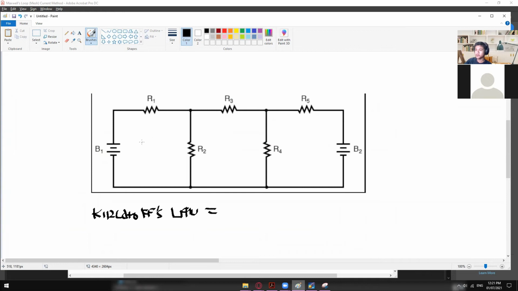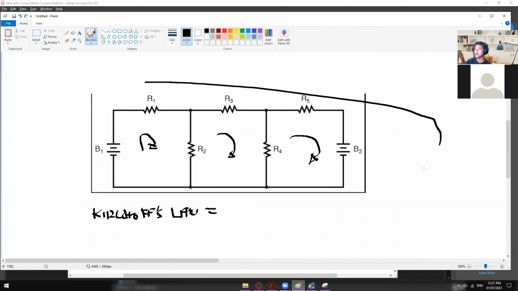So if you're going to put the loops in here, so loop 1, loop number 2, loop number 3, and then you can even have a loop on the outer, like this, and that is your loop number 4. Then in here, you can have the KCL at node A, and another KCL at node B. So all in all, you're going to have a total of 6 equations.